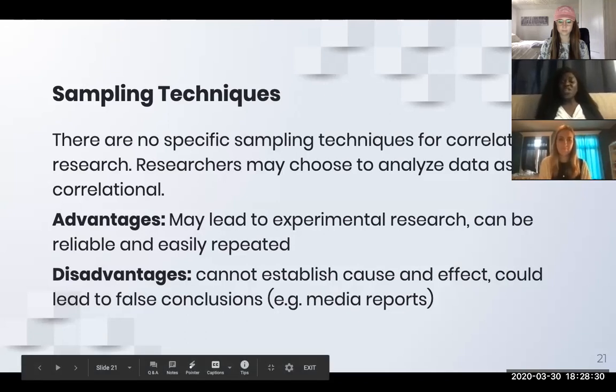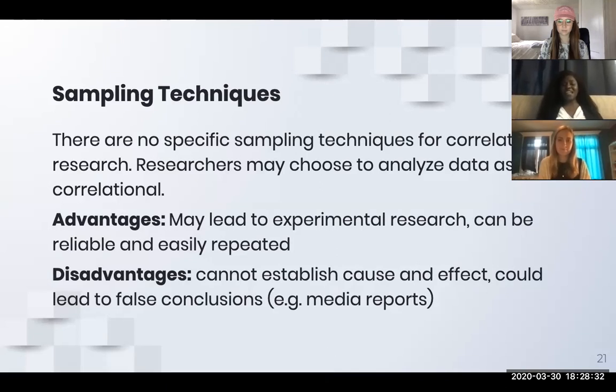So there's actually no specific sampling techniques for correlational research. Researchers may choose to do different types of sampling. However, they may choose to analyze that data using correlational statistical analysis methods.